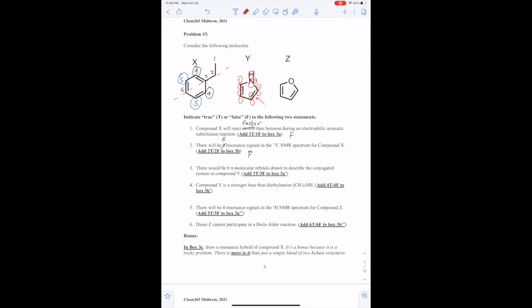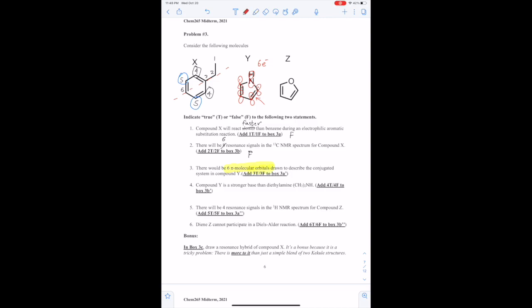Sorry, that's very messy. Let me just get rid of these and put them here. So I count 6 electrons, but the question is asking, would there be 6 pi molecular orbitals?